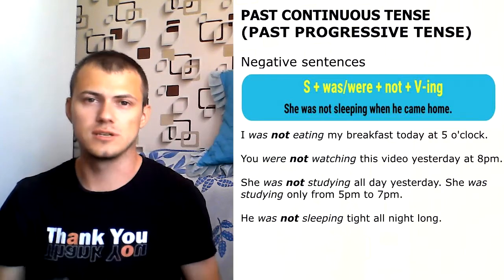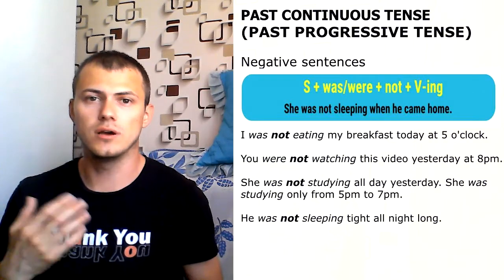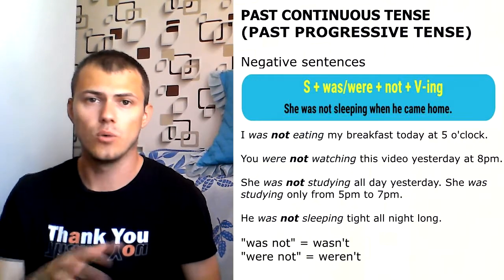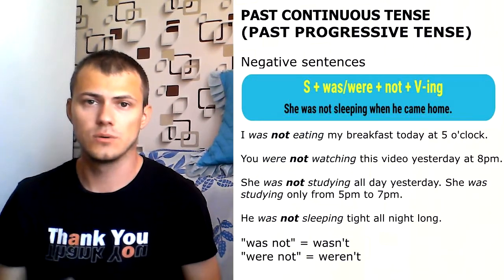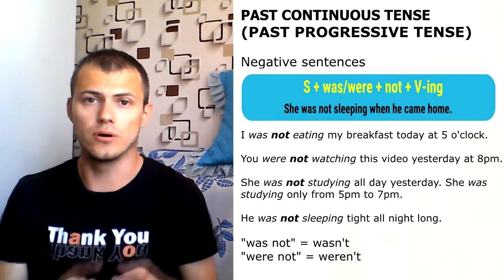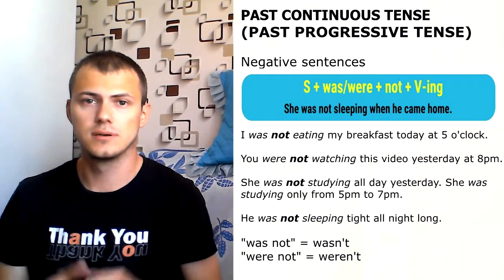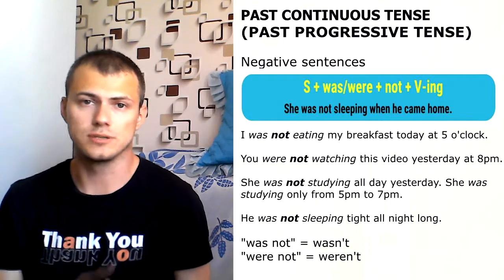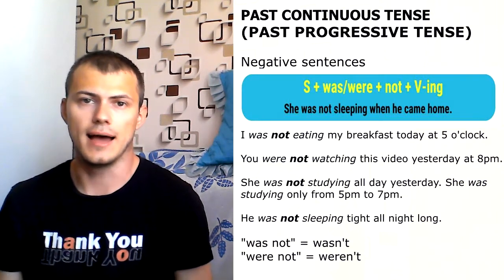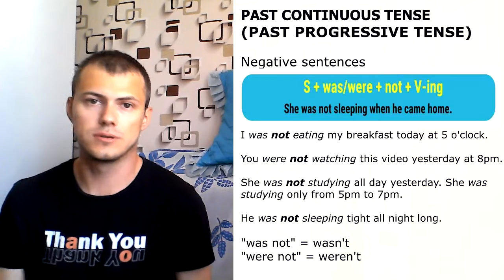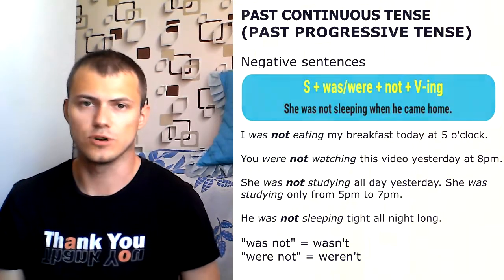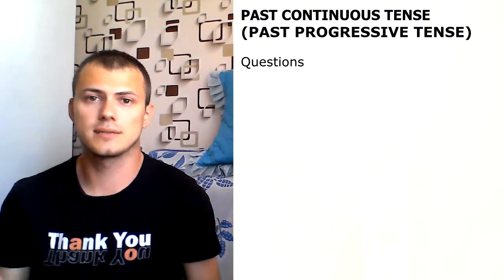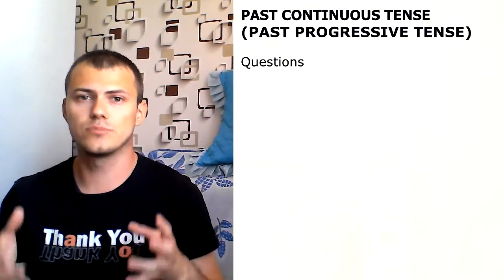Of course, in our daily speech, we often use the contraction form. For example, was not becomes wasn't, and were not becomes weren't. So I can say she wasn't studying and they weren't working, for example. The structure of questions using the past continuous tense is also pretty simple.